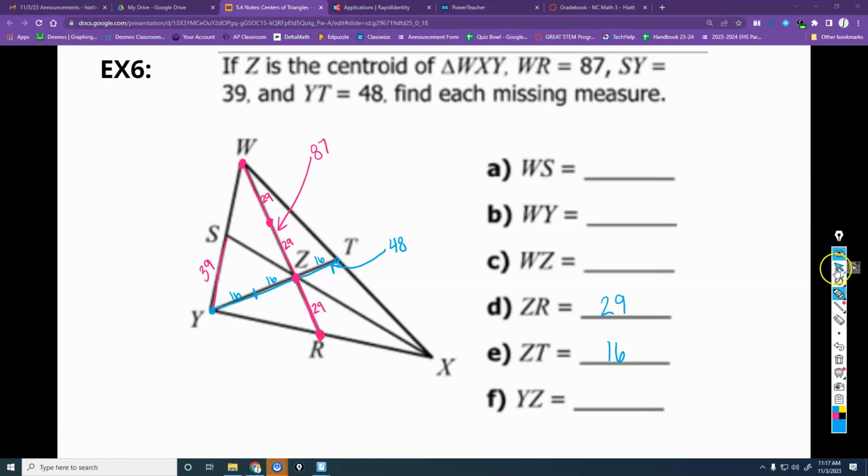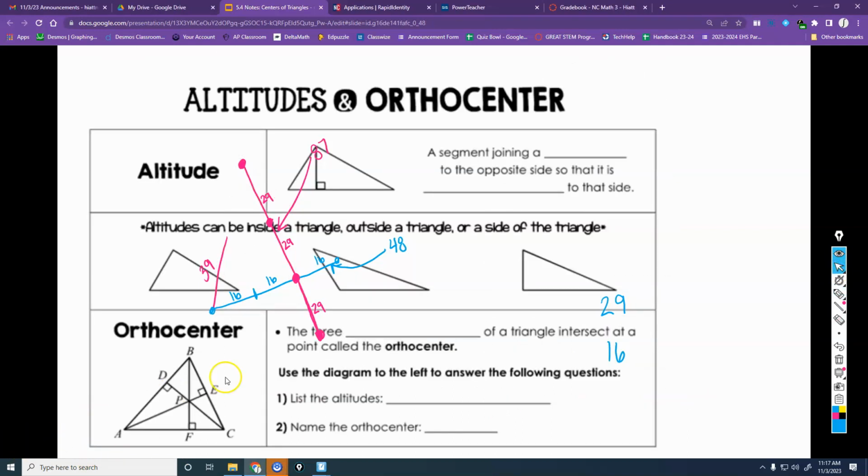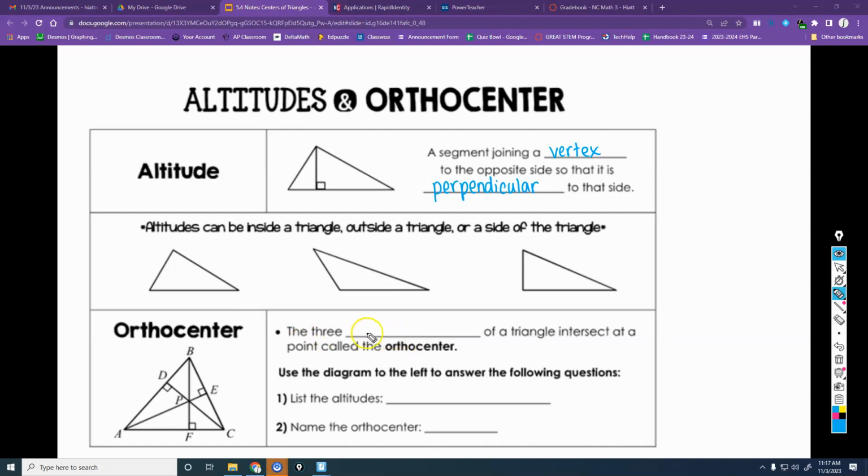All right, so we're going to look at it really quickly. I'm sorry, not incenter, orthocenter. An altitude is the height of a triangle. It is the segment joining a vertex to the opposite side so that it is perpendicular to that side. The three altitudes of a triangle intersect at a point called the orthocenter.